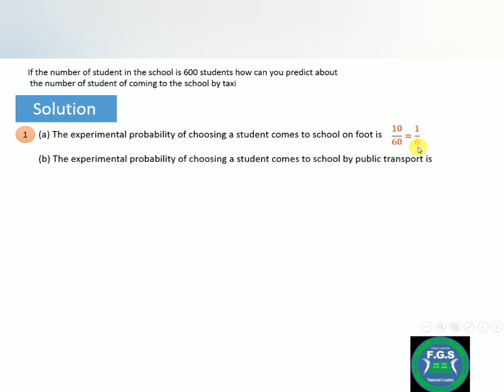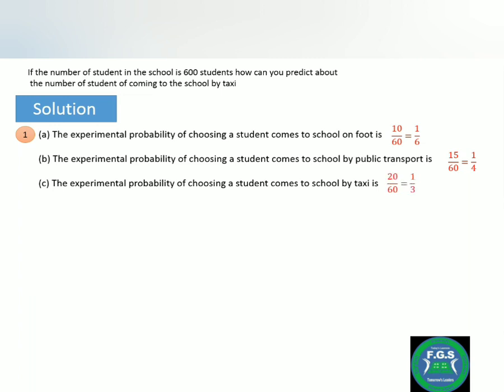Number B, the experimental probability of choosing a student who comes to school by public transport is 15 over 60, equal to 1 over 4. Number C, by taxi, is 20 over 60, equal to 1 over 3.